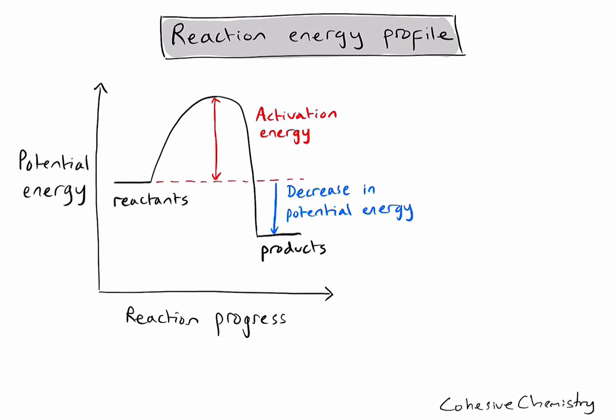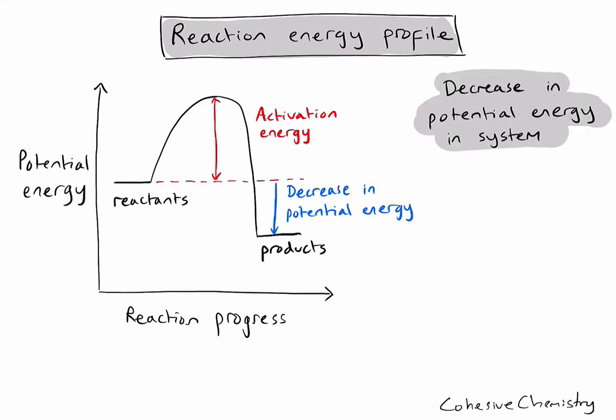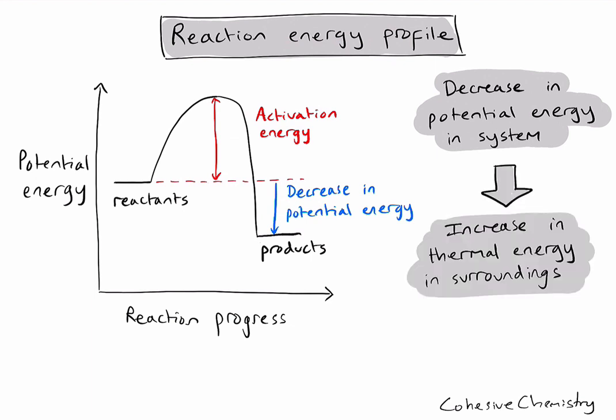And when we are considering the energy in the surroundings, we are talking about thermal energy. So this decrease in potential energy in my system must mean an increase in thermal energy in the surroundings. This is what is called an exothermic reaction.